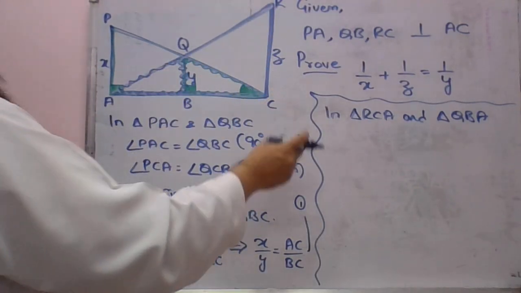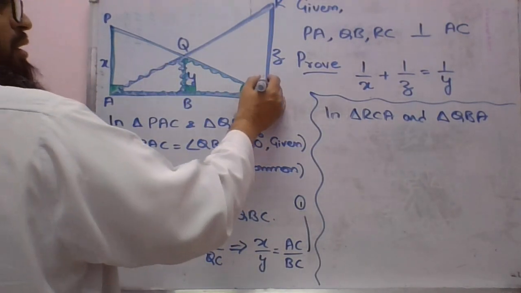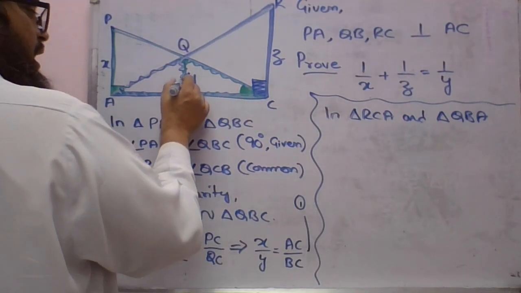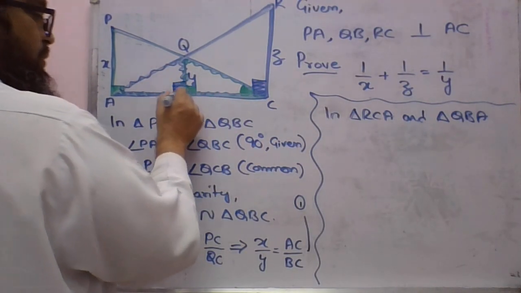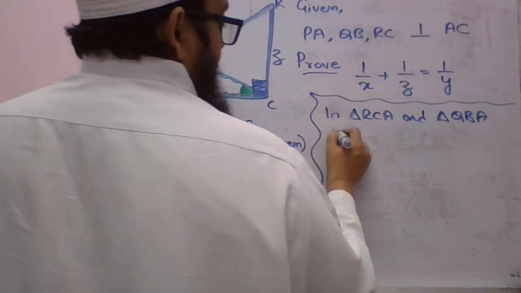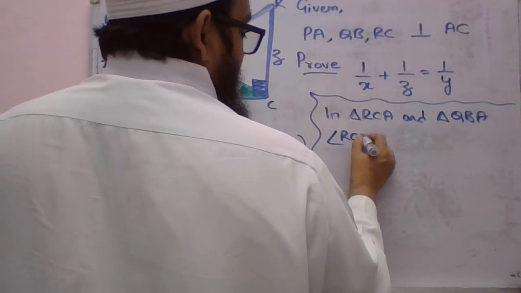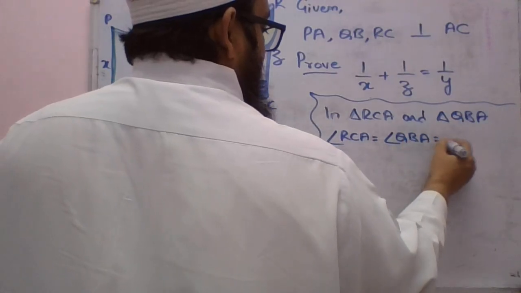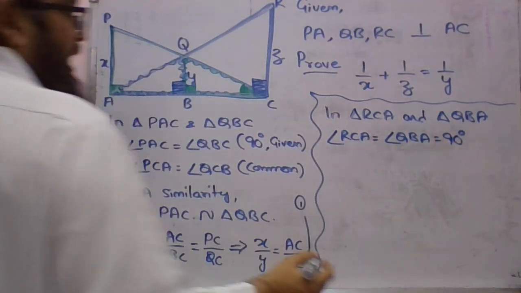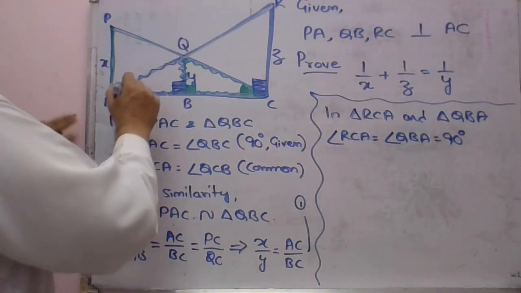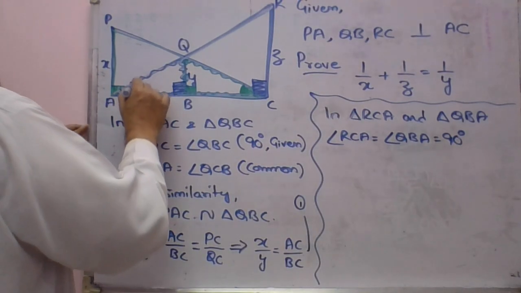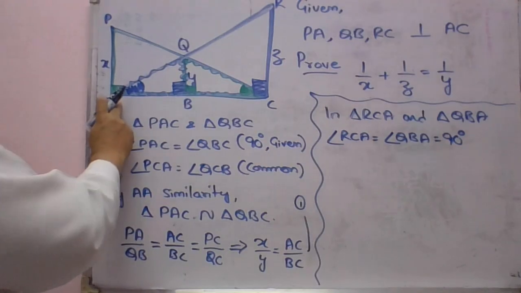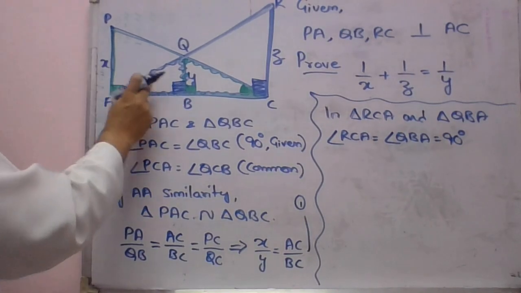What is the angle which is equal? Because it has been given this is perpendicular, and in the same way QB is also perpendicular. So what will you write? Angle RCA is equal to angle QBA is equal to 90 degrees. After that, what is the angle which is equal? This angle is common for both the triangles. What is this angle? I cannot say angle A because at this vertex I have two different angles.